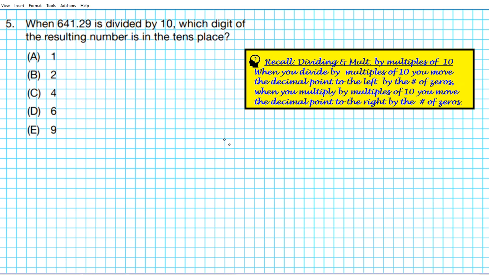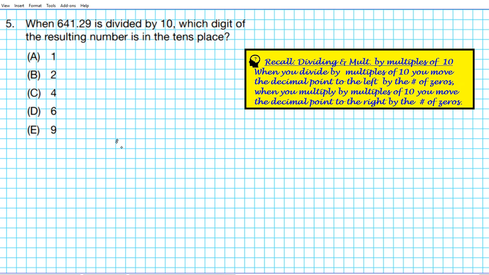Okay? So when you divide by multiples of 10, you move the decimal point to the left by the number of zeros that that multiple has, and when you multiply by multiples of 10, you move your decimal point to the right by the number of zeros that that multiple of 10 has.